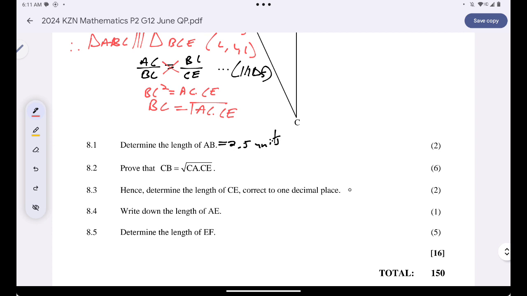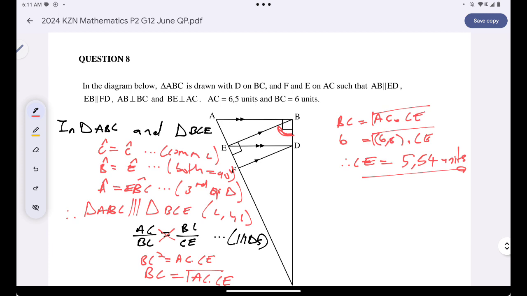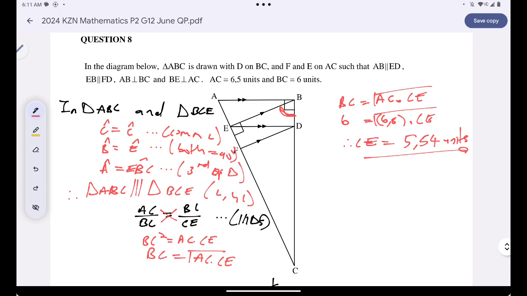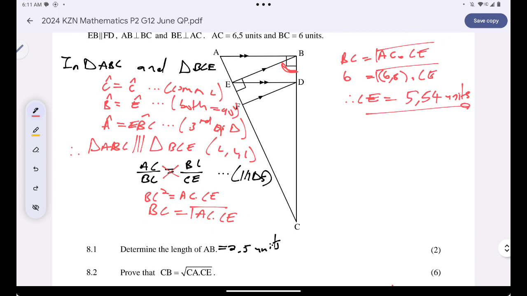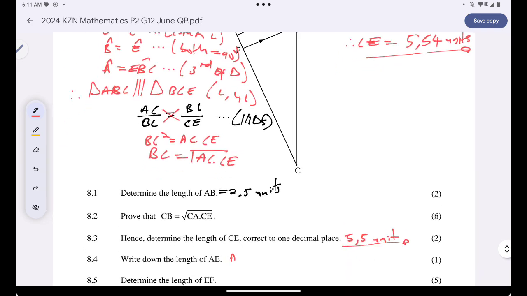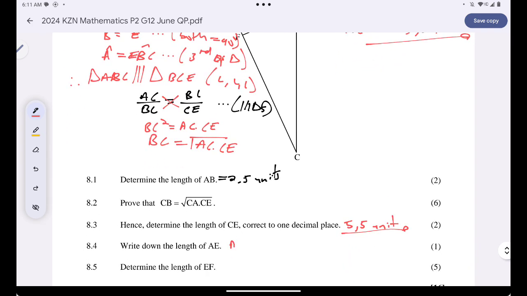What's your decimal place? Okay, write down the length of AE. Oh, okay, simply means that AE is 1. Remember that the length of AC is equal to AE plus CE.